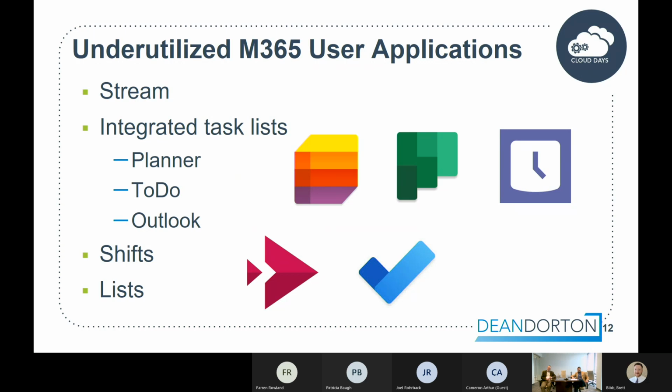For smaller companies, Shifts is something that I don't think I've ever seen used in practice. I've helped a couple of companies get it implemented, but I've never gone into a client site and seen it already currently in use. A lot of companies are using ADP for clocking in and out and payroll and work schedules. Some people still use Excel for work schedules. And Shifts is one of those applications that I call a sub app. It's really an application within Microsoft Teams.